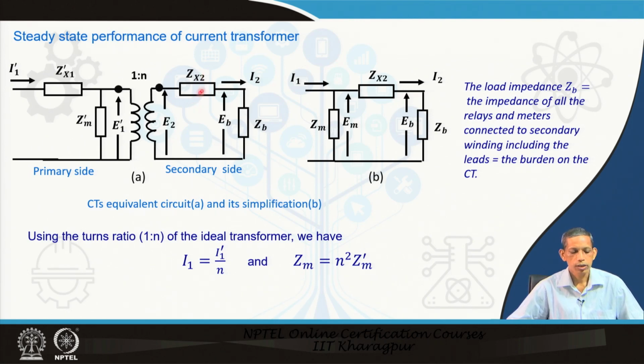The CT has certain leakage reactance. So, the secondary leakage reactance is Zx2 and the primary reactance is Zx1 prime. The magnetizing impedance is Zm dash, and then these are the windings: the primary may typically be 1 turn, and the secondary may have number of turns n, so 1:n.